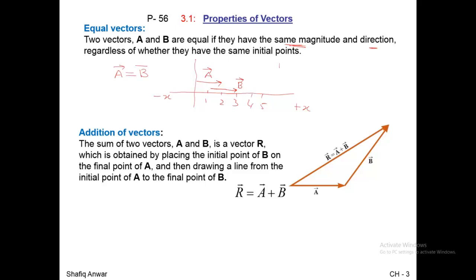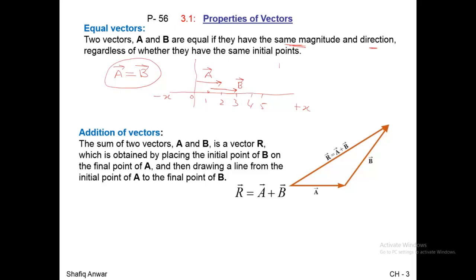Yes, they are equal. Why? Because they are in the same direction towards the positive x-axis. And also, if you look at the magnitude, from here up to here, vector A, how much? 2 magnitudes. And from here it has the same 2 magnitudes. Both are equal. Same magnitude, same direction. So they are equal vectors. Clear?